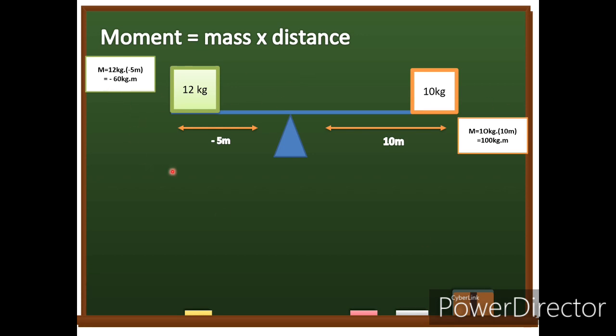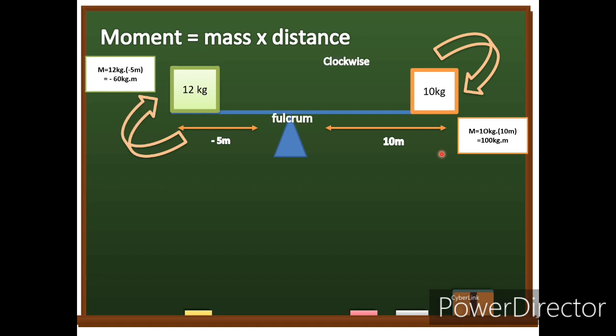As we observe, our second object has the most moment, so our seesaw will rotate in a clockwise direction. So our problem is we need to find the center of mass to balance the seesaw.